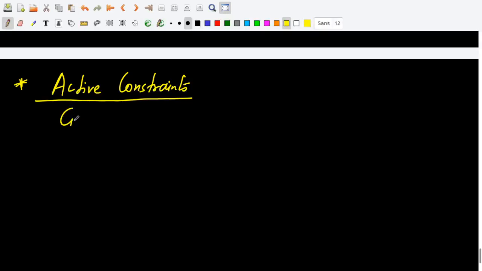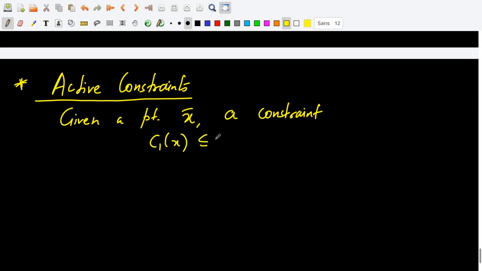So given a point x bar, a constraint, let's say C1 of x, is active if I'm at the boundary of this constraint.